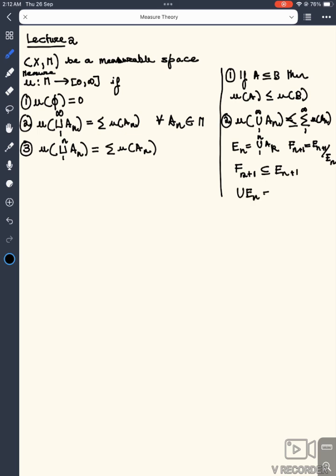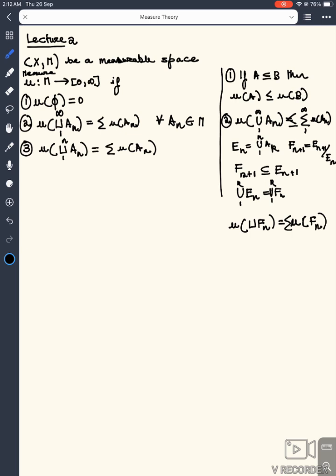So the union of E_n is equal to the union of F_n, for the finite sums and for the partial sums also. Hence mu of the disjoint union of F_n is the same as mu of the union from 1 to infinity of A_n, and since it is disjoint, it is equal to the summation of mu of F_n, and since F_n is contained inside A_n, it is less than or equal to the summation of mu of A_n.